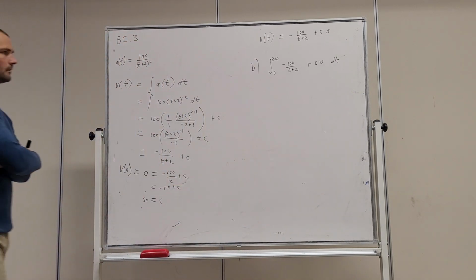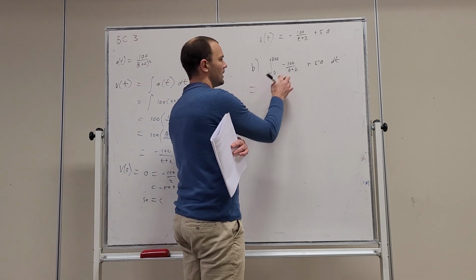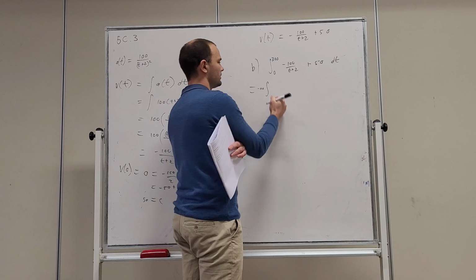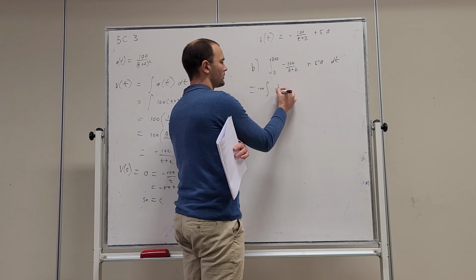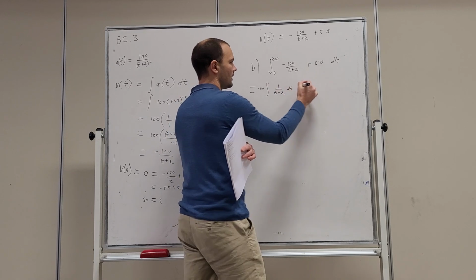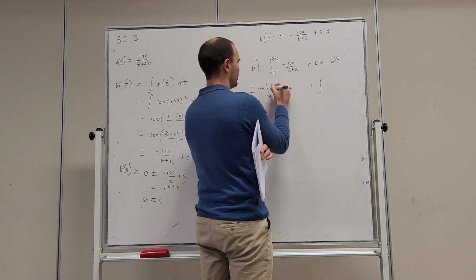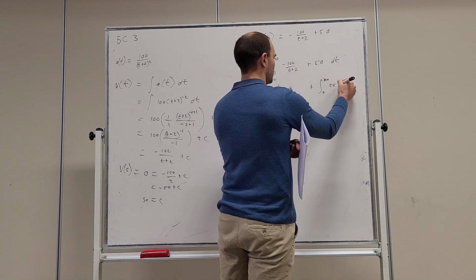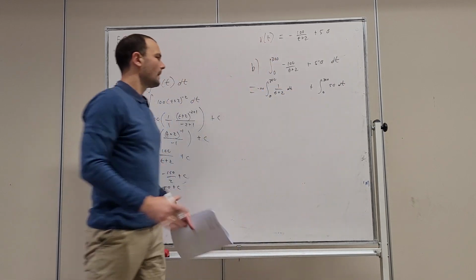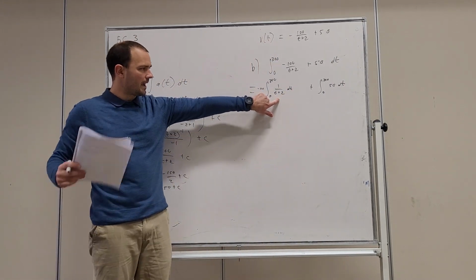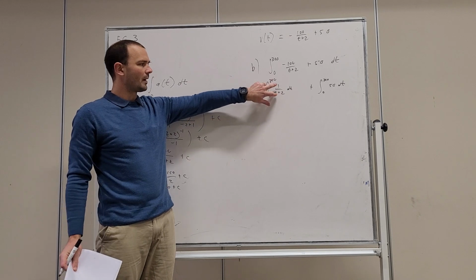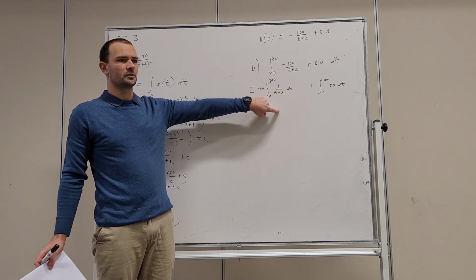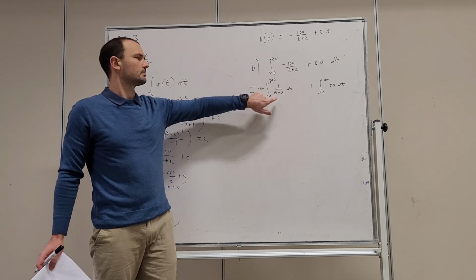Okay, so let's break it into parts, I think. Let's focus on this part. I'm going to write that as minus 100 multiplied by 1 on top of t plus 2. And then this one we'll just write as the integral from 0 to 300. Alright. Now the reason I've written it like this is perhaps that can help you see what we're integrating here. We have 1 on ax plus b. And so that goes to 1 on a ln of ax plus b.